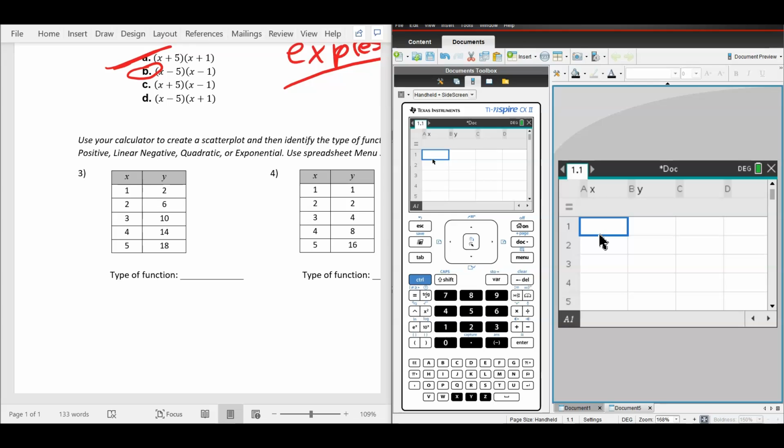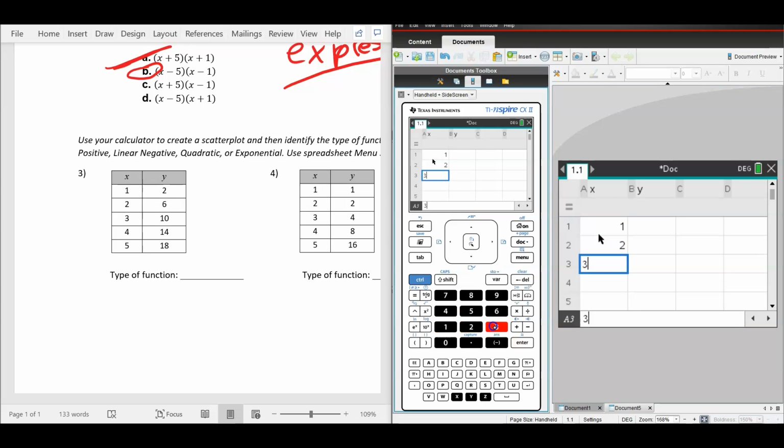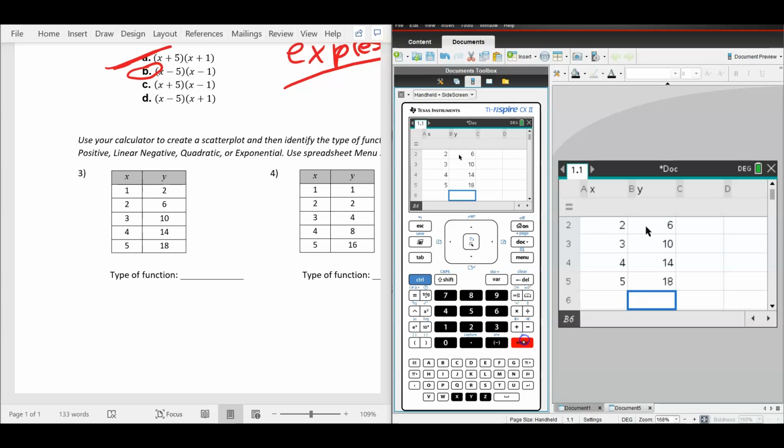All right, I'm typing in my table. Is everyone doing this? Okay, this is on your notes for Friday, and it's right here. It's so easy. What do I press? Menu 3, 9. Menu 3 is for data, 9 is for quick graph.